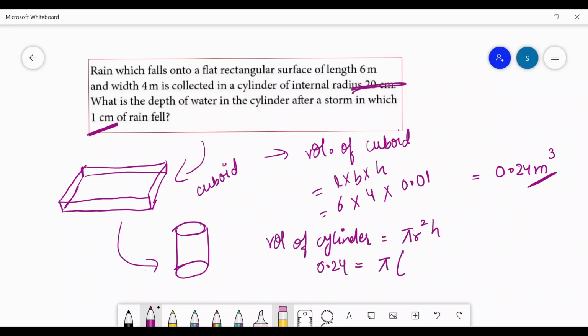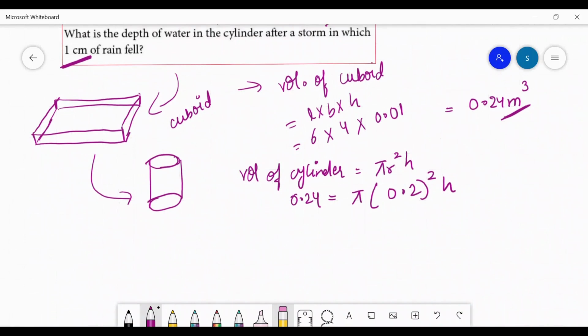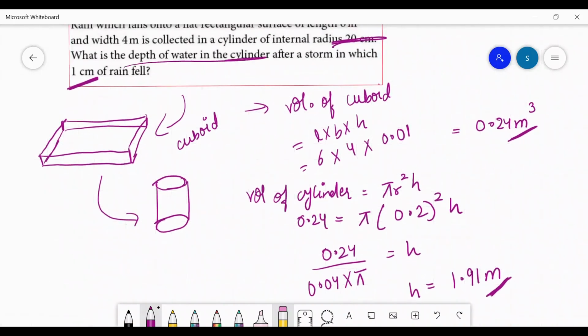Radius is 20 centimeters, so let me just convert that into meters. That would be 0.2. And h we don't know, we have to calculate. So here we get h equal to 0.24 by 0.04 into pi. And when you simplify it, you get h equal to 1.91 meters. So this is the depth of water in the cylinder after the storm.